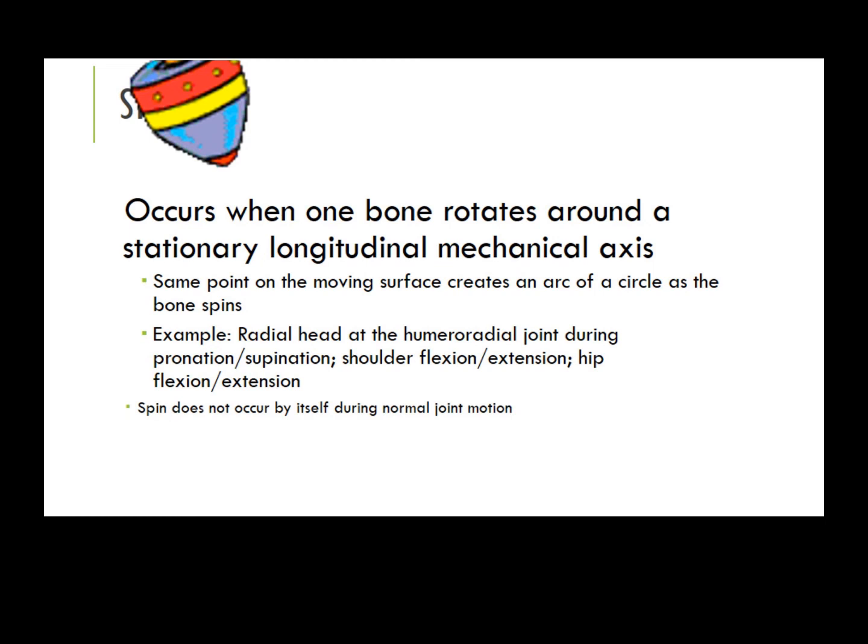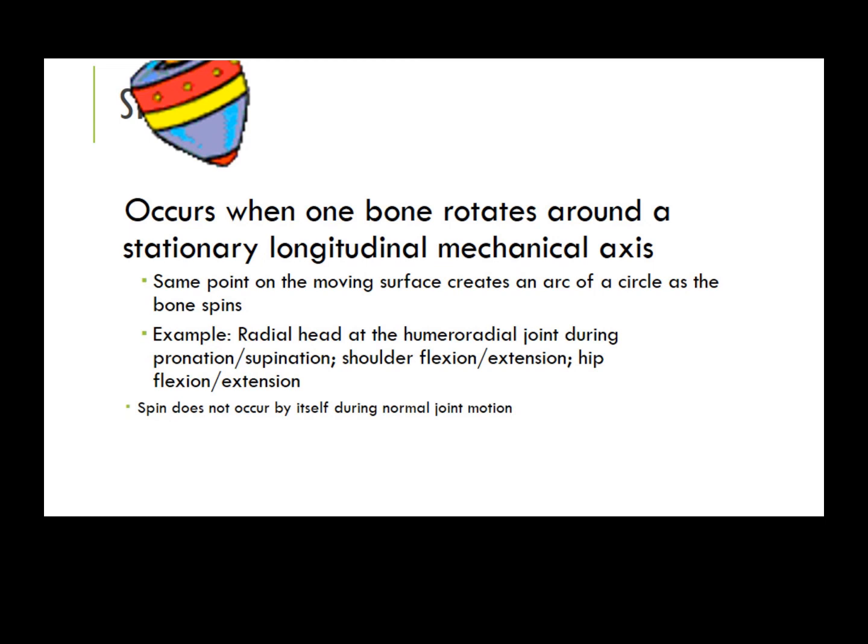As the definition says, it occurs when one bone rotates around a stationary longitudinal mechanical axis. So when you're spinning something, the axis of the object which is spinning will remain the same. It will remain constant.